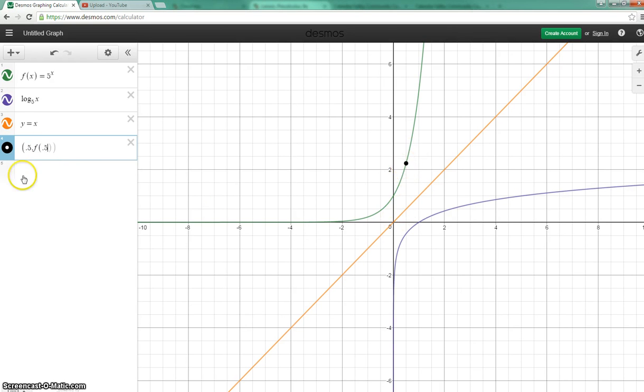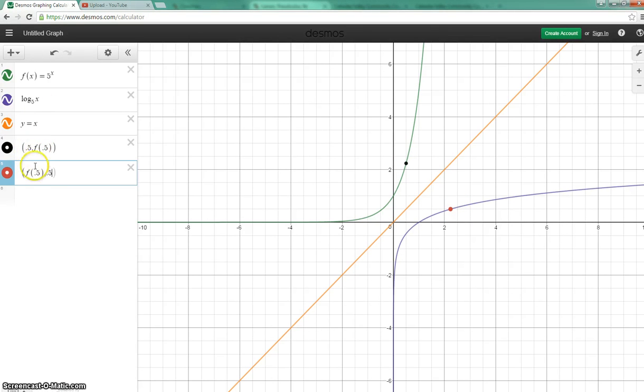So I have this point here. If I were to graph it backwards, f of 0.5 comma 0.5, I get a point that's reflective across y equals x. And it's on my log function. So an exponential function and a log function are just inverses of each other, which means their points just change places.